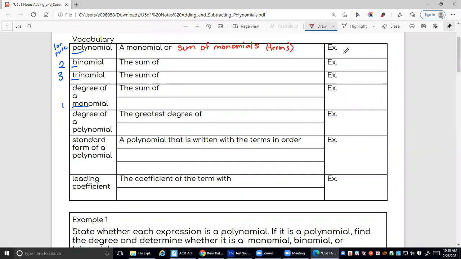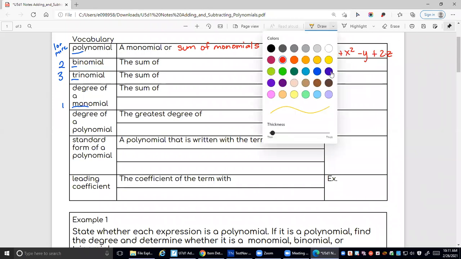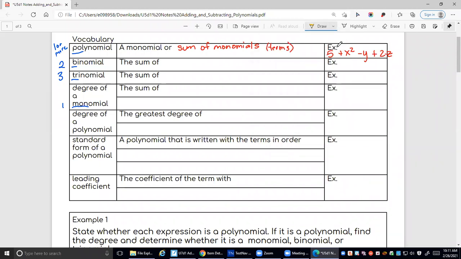So let me give you an example. Let's say I've got 5 plus x squared minus y plus 2z. And I put little lines through my z so you know they're z's. So how many terms do you think are here? Okay, let's see. We're gonna put a little line in front of every plus or minus, right?